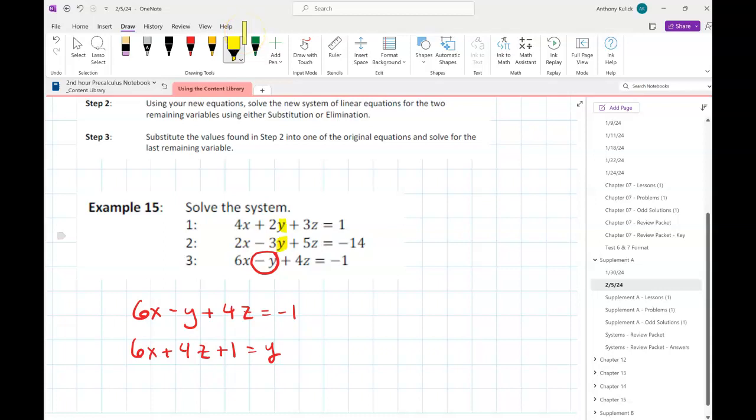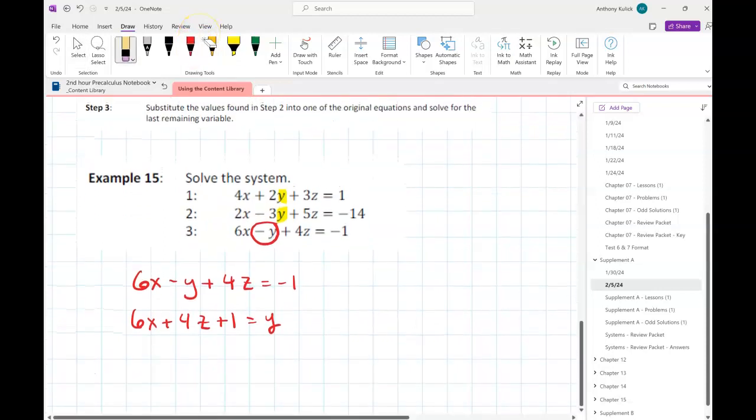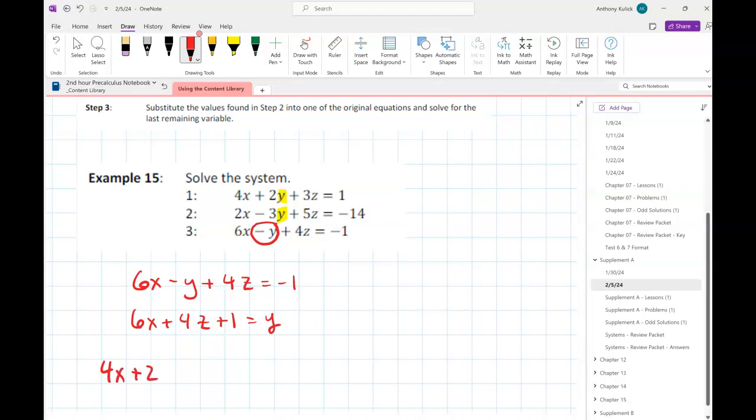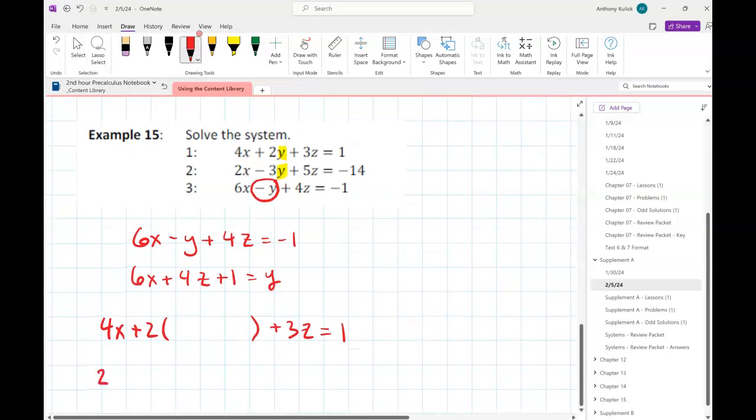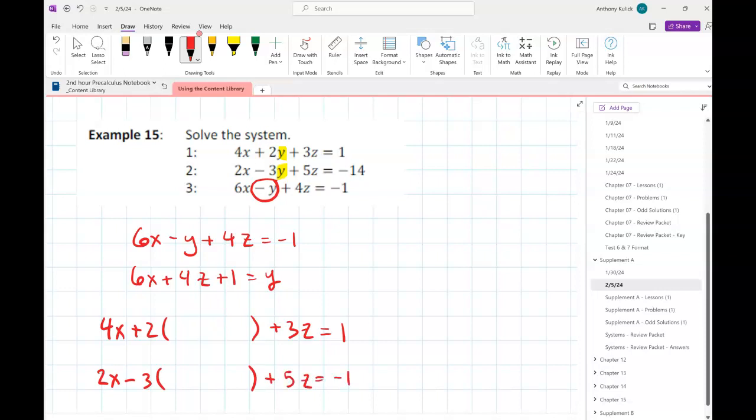I'm going to take that y then and substitute it back into equations 1 and into equation 2. Does everybody feel okay with what I just did?